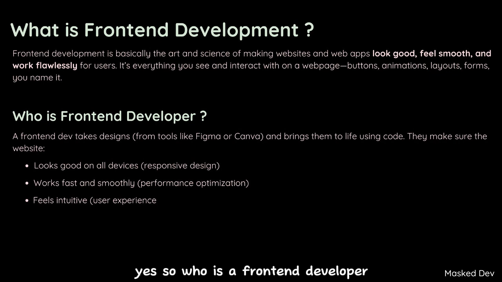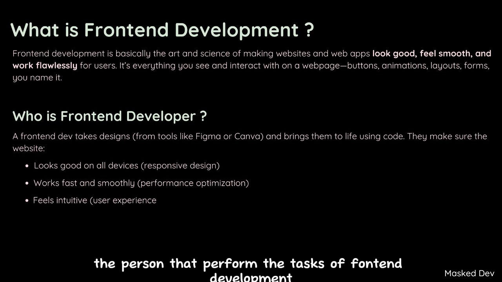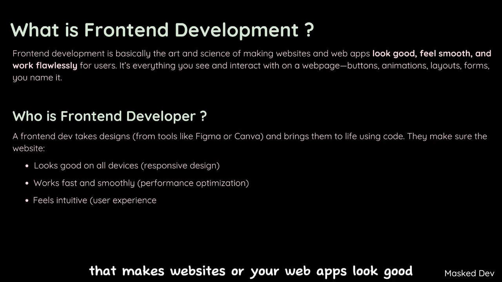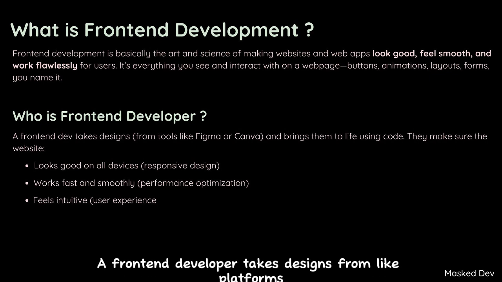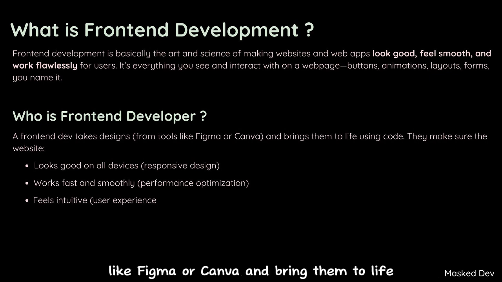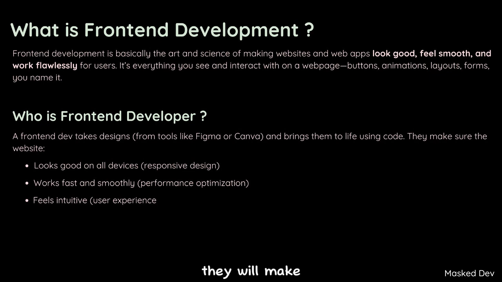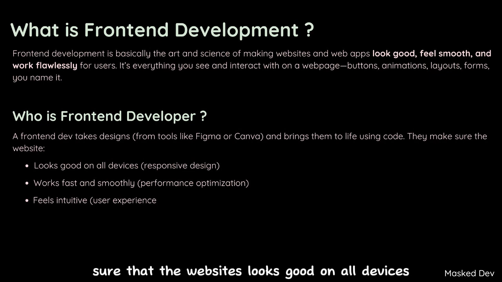So who is a front-end developer? A front-end developer is the person that performs the task of front-end development, that makes your websites or web apps look good, feel smooth, and work flawlessly for users. A front-end developer takes designs from platforms like Figma or Canva and brings them to life using code. They will make sure that the website looks good on all devices.